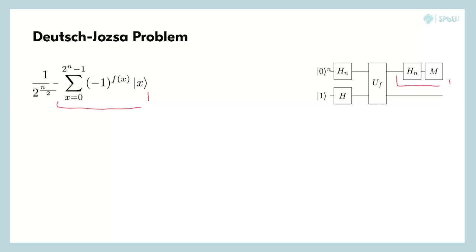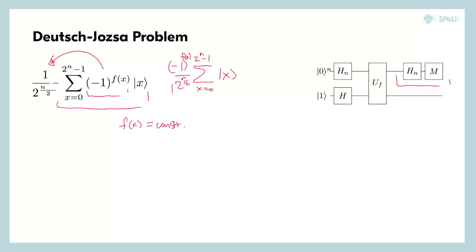Now imagine that the function f of x is a constant. Then this minus 1 is going to be always in the same power, and we can put it out of the sum here. And the sum transforms to something like this, and minus 1 to this function value.